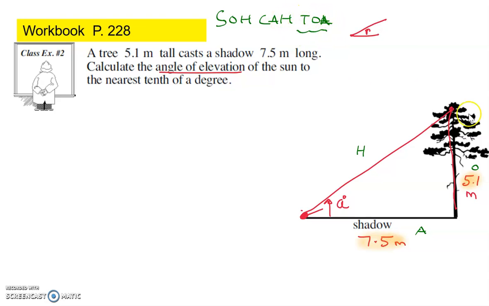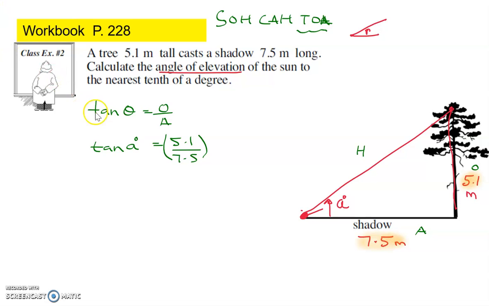So that's my tan. So we will say tan of theta is opposite over adjacent. Tan of the angle, which I don't know, is 5.1 over 7.5. Keep it in a bracket.